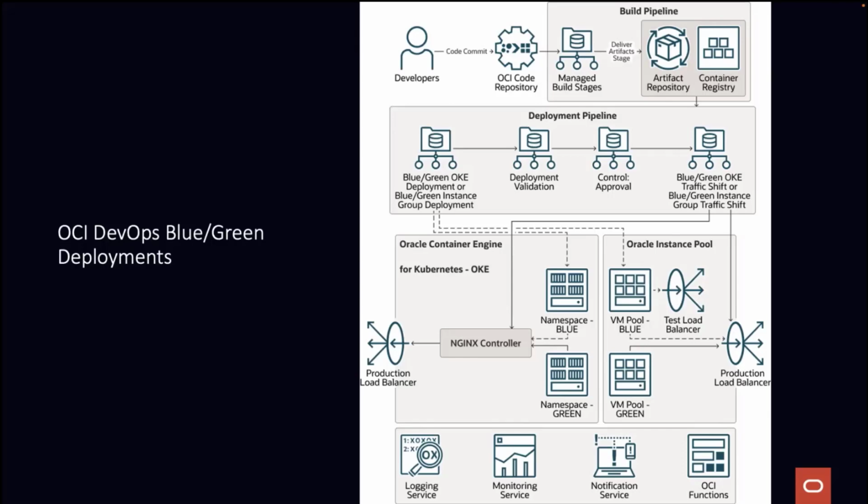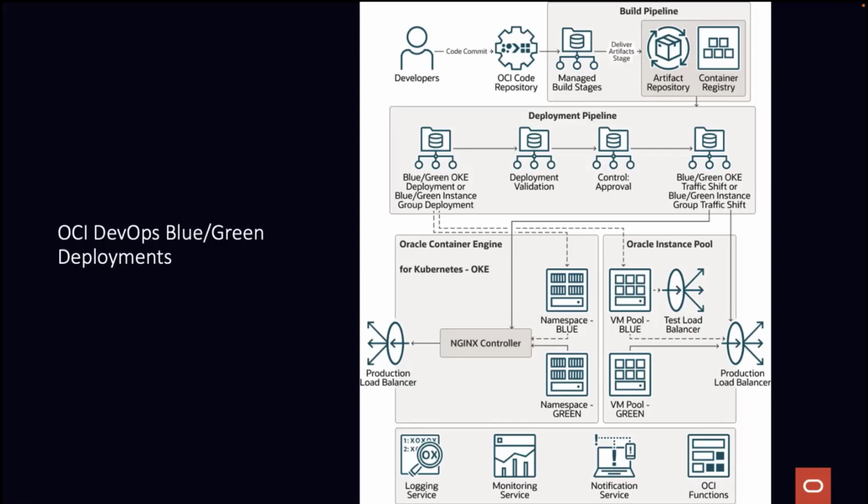After that, for the deployment pipeline, there are several ways you can do blue-green deployment. One way is for OKE, and another is for groups of multiple instances. The one I'm going to explain today is for Oracle Container Engine.